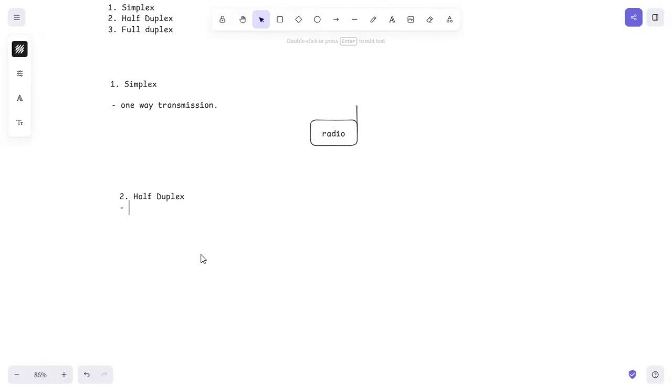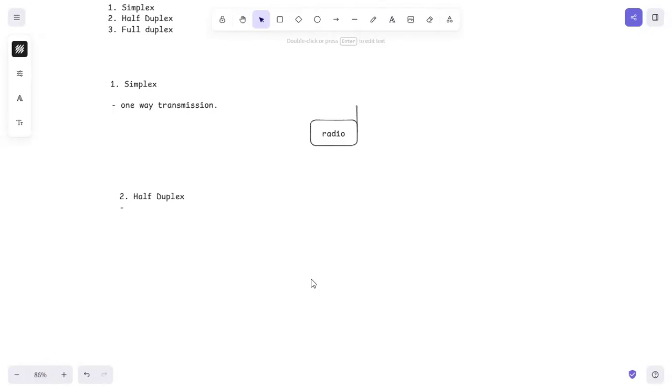That means you are telling the receiver, hey, I have finished what I had to say, now it's your time to send the message. A walkie-talkie works in half duplex mode, two-way, but not at the same time. At a time, only one can send the message or one can receive the message, not simultaneously.